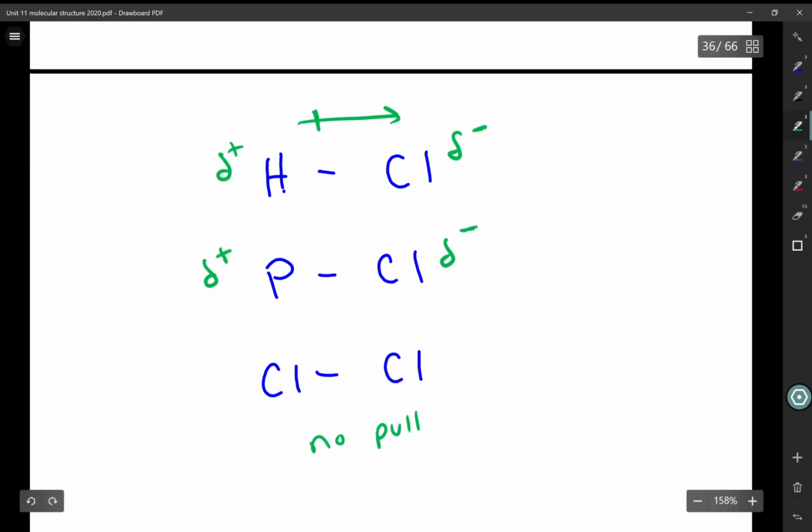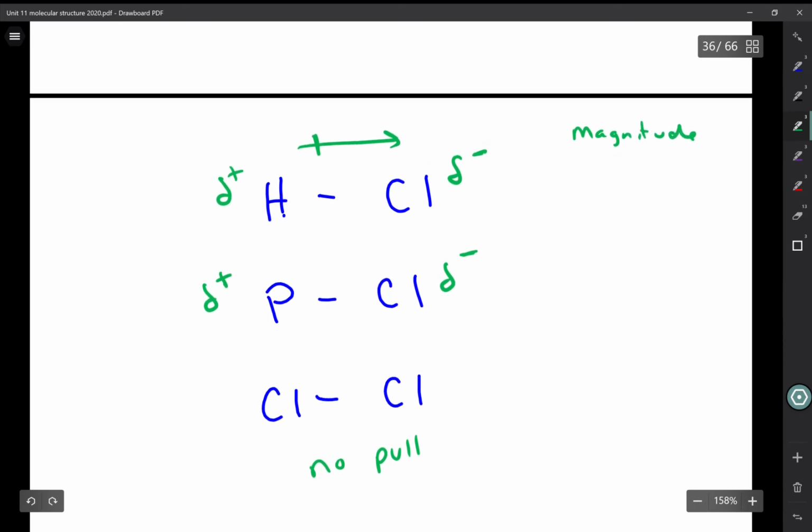Right. Now, magnitude of polarity. This will be the largest magnitude of polarity, and this will be the smallest, and then obviously PCl's in the middle there.